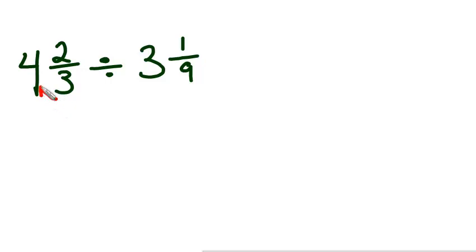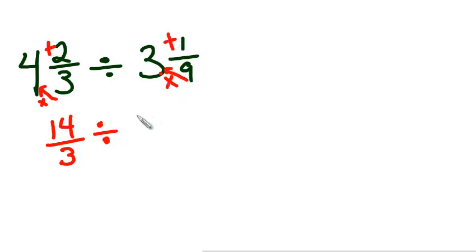So you're going to do 3 times 4 is 12, plus 2 is 14 over 3, divided by 9 times 3 is 27, plus 1 is 28 over 9. So we changed them.